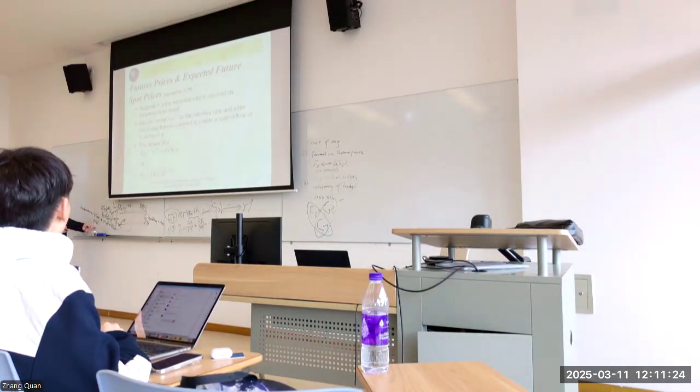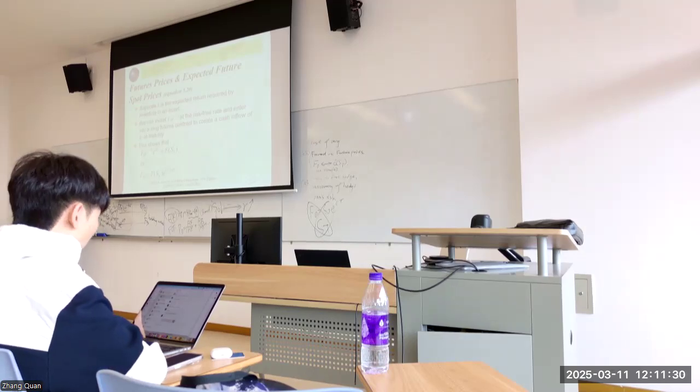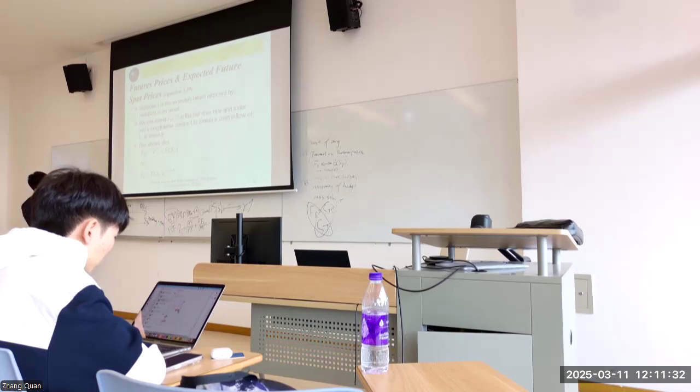Their systematic risk exposure is negative, so in that case their K is smaller than R. Although it's sometimes counterintuitive that some things have a discount rate even lower than the risk-free rate, this is true. This concludes that F0 will be even larger than the expected spot price. This we call contango.